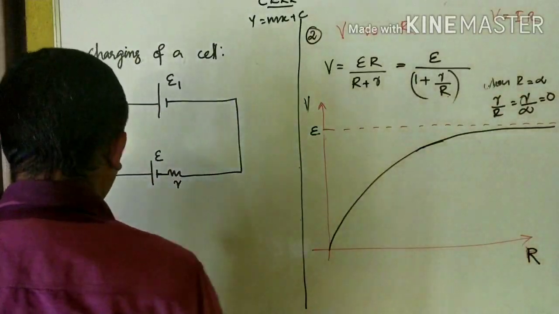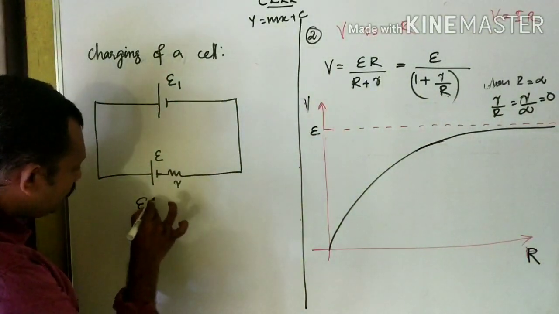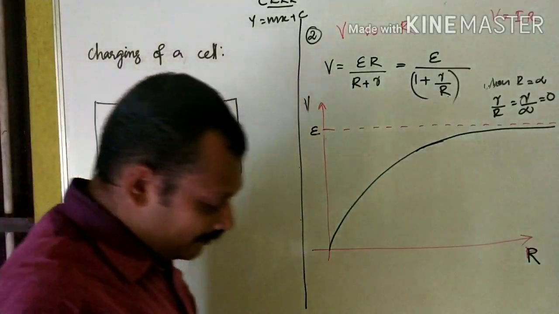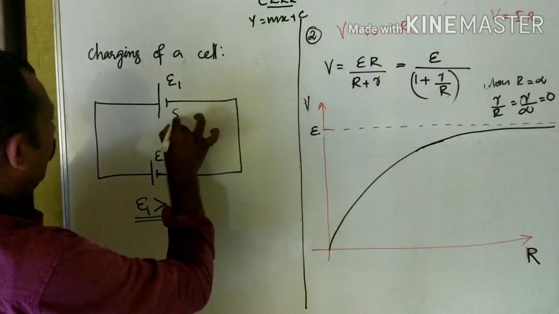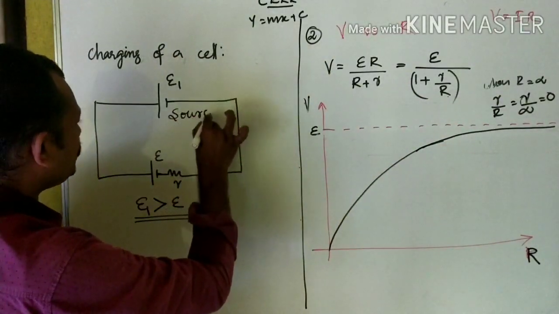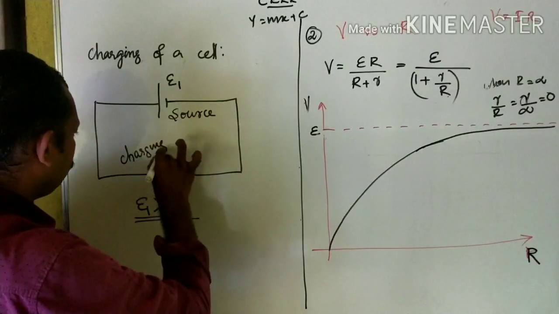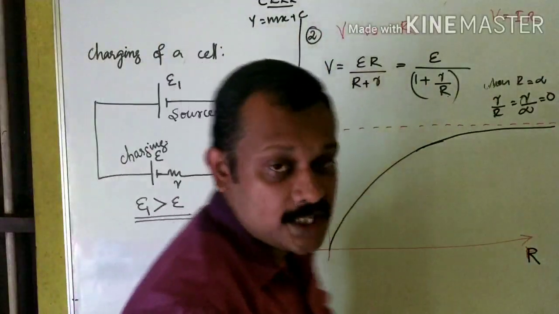Now the important thing you have to understand is that epsilon 1 should be greater than epsilon. This is the most important thing. Let me call this the source cell and this the charging cell.